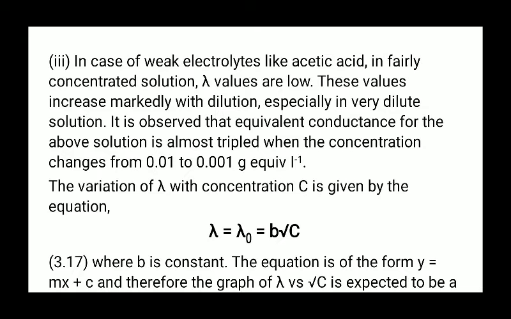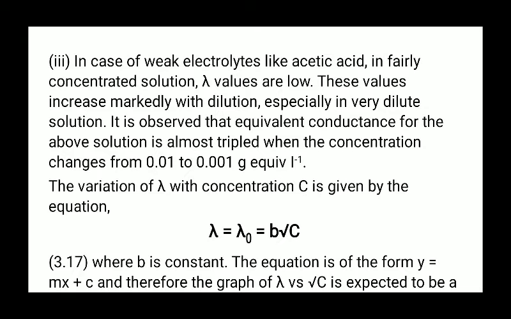Especially in a very dilute solution, it is observed that the equivalent conductance for the above solution is almost tripled when the concentration changes from 0.01 to 0.001 gram equivalent per liter.